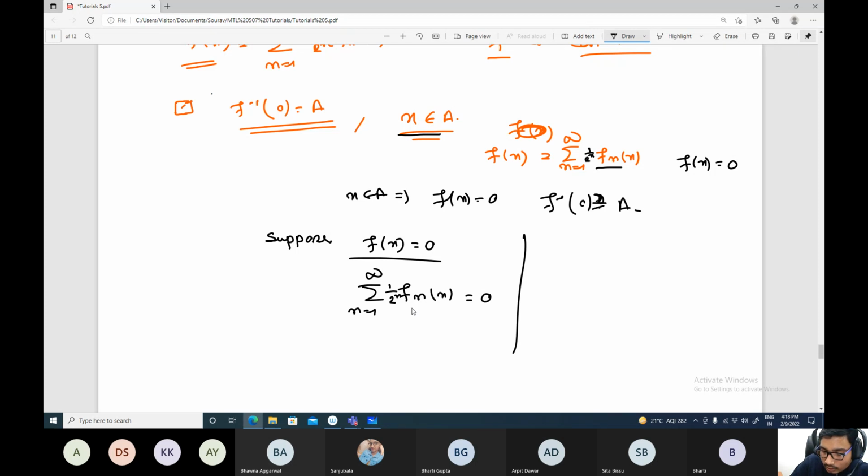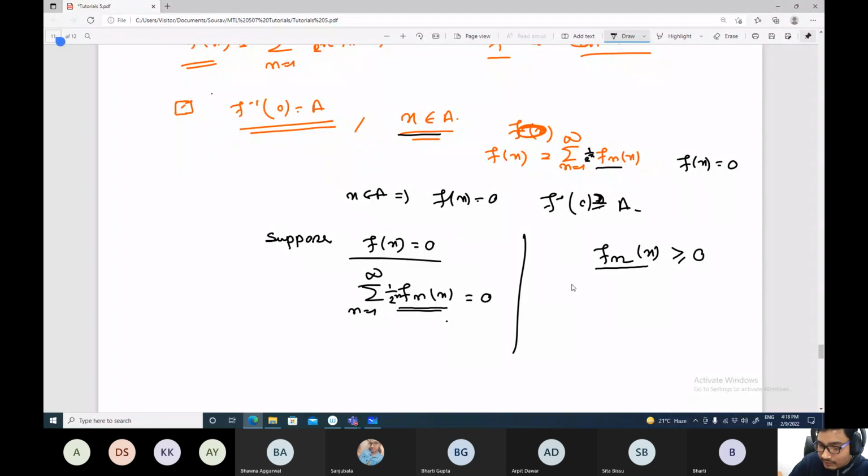Now look at each term of the function. Each fn(x) is non-negative, right? Not positive, it is non-negative. Now for the summation to be 0, each term has to be 0.